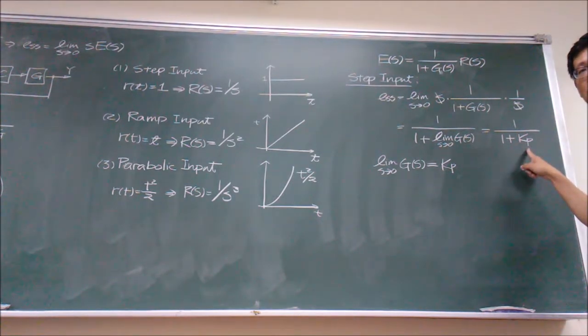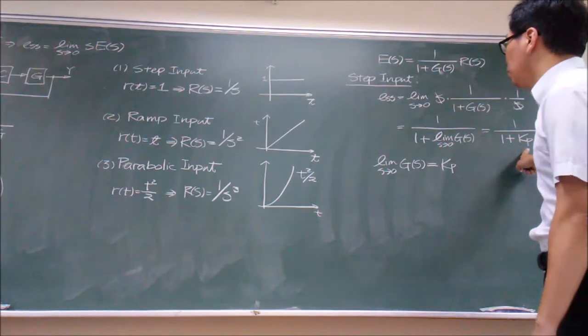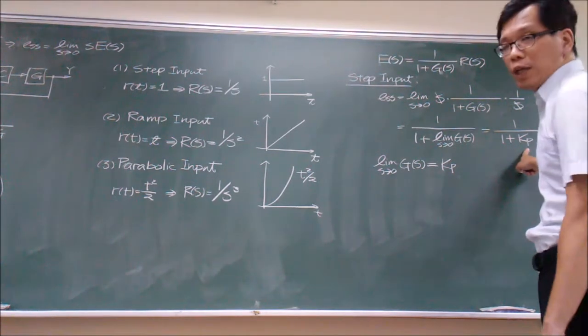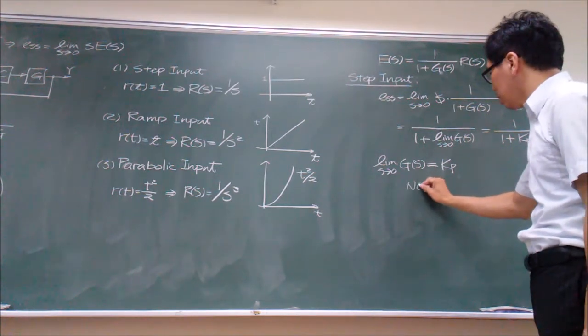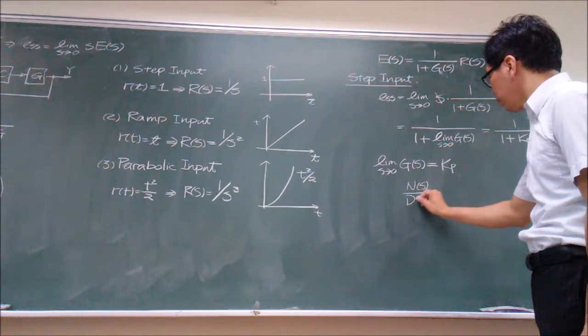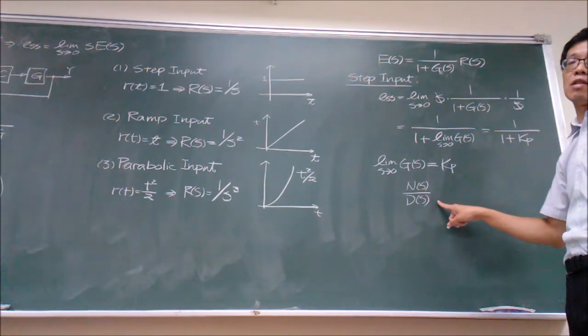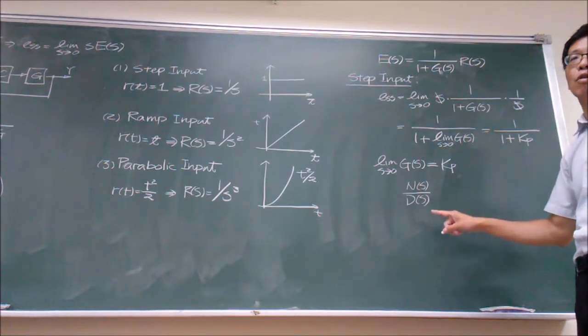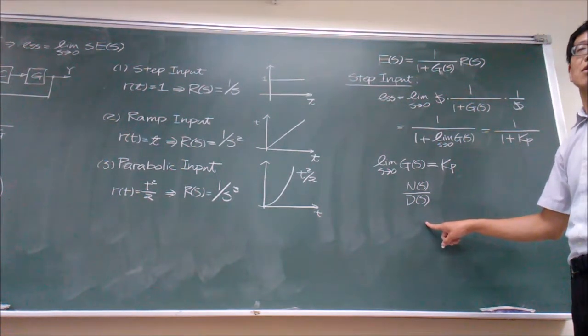Kp equals to what? Infinite. Okay. So when Kp equals to infinite, what should we have? This one is going to be Ns over Ds. So how can we make this one to be infinite? You should have Ds 0 over here. When you have 0 over here, what should you have? Integrator.